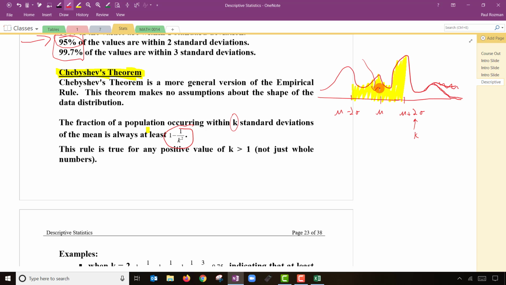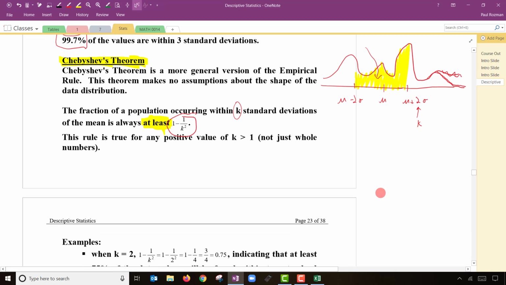But you'll notice that there's something weird about the formula. He doesn't tell us the exact amount. He just gives us a lower bound. It's at least 75%. So we don't know what this percentage is, but it's 75% or more.